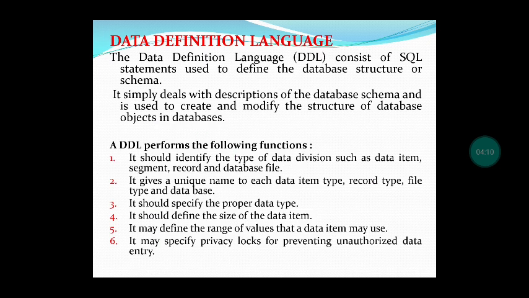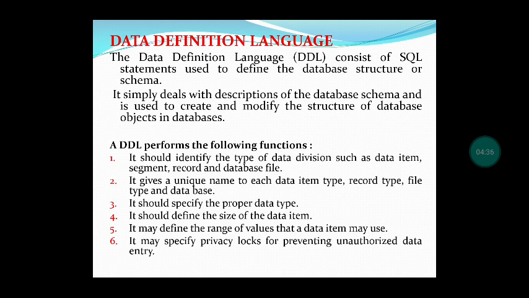It consists of SQL statements that can define the structure of the schema, that is, a database schema. What is meant by schema? Schema means some structure. That is, if there is one table, that table contains a structure. First, it may be a serial number, next name, next Tamil, English. Some structure is there, no? That is called a schema.